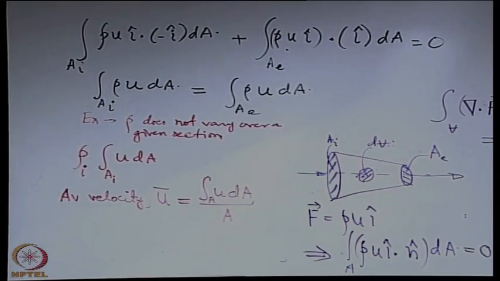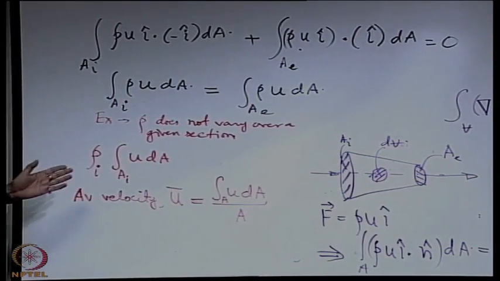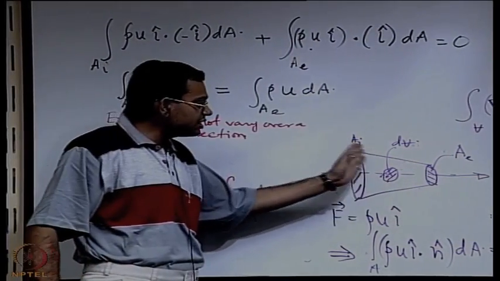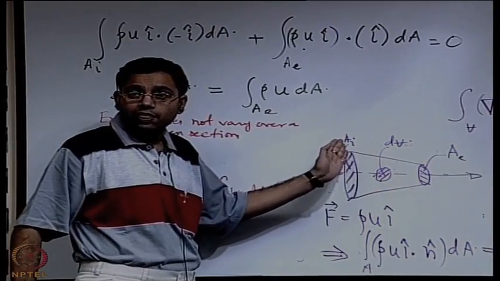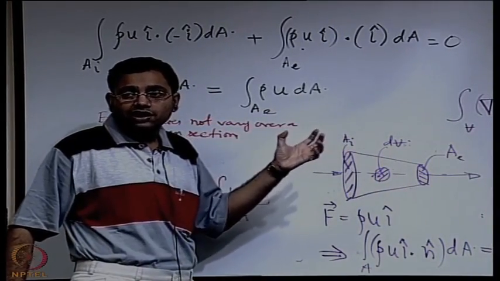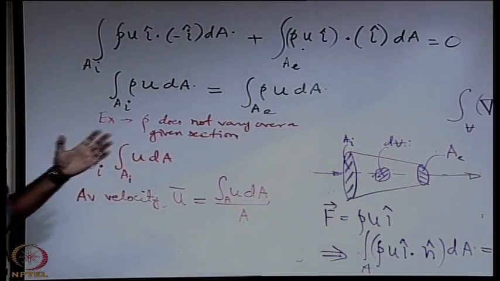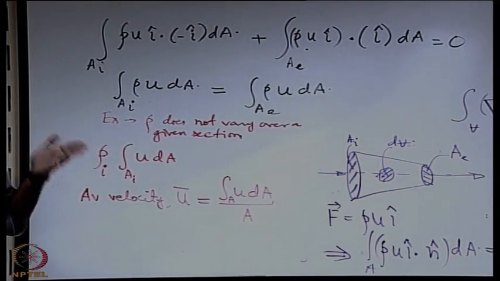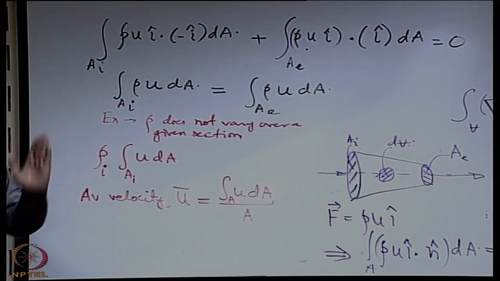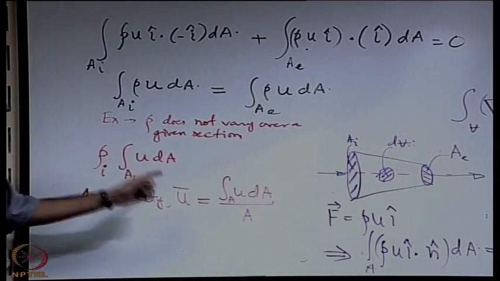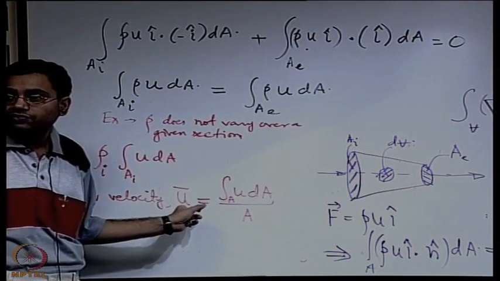What is the physical meaning of this? The entire section has a variable velocity. With that variable velocity it has a volume flow rate. Now, if you have the same volume flow rate with an equivalent velocity that would have been uniform throughout, then that uniform equivalent velocity is the average velocity.